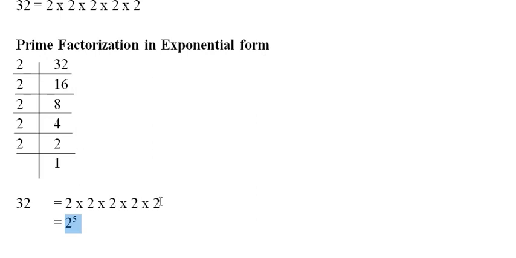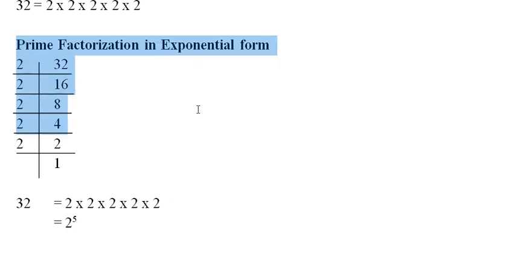We can already see that 2 is repeating 5 times: 1, 2, 3, 4, and 5. Hence we can write 2 to the power 5. You will read it as 2 to the power 5. So this is the prime factorization in exponential form. Before you do prime factorization in exponential form, you should learn how to represent the prime factorization of any number. Then you can move on to the exponential form of it.